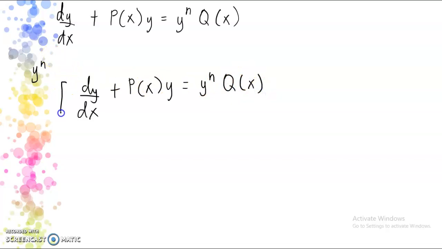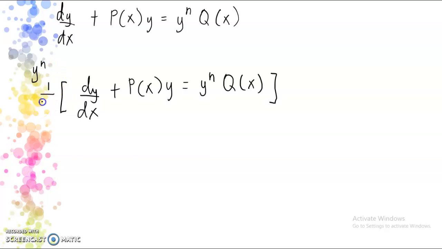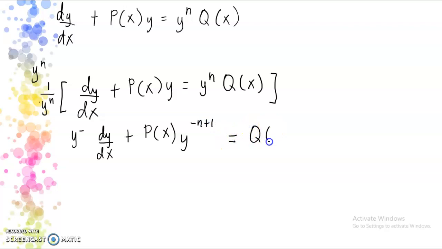Multiplying both sides by 1 over y to the n, we get y raised to negative n dy over dx plus p of x y raised to negative n plus 1 equal to q of x.